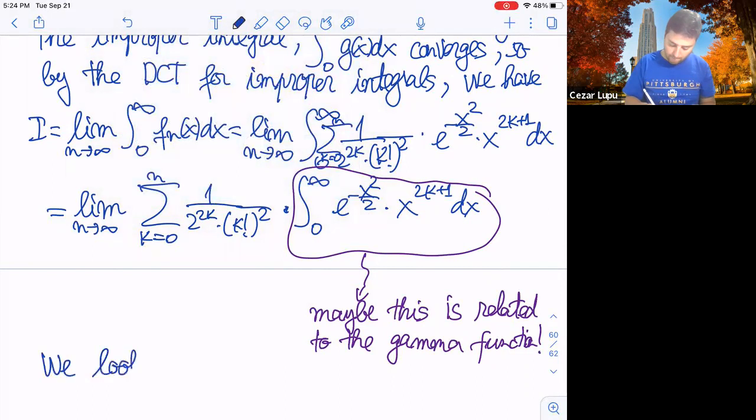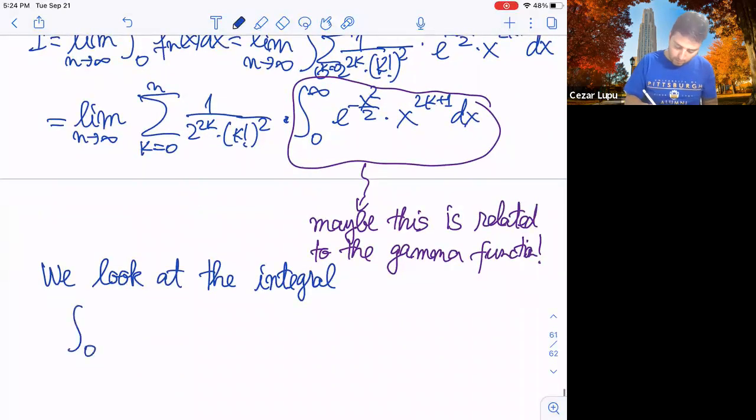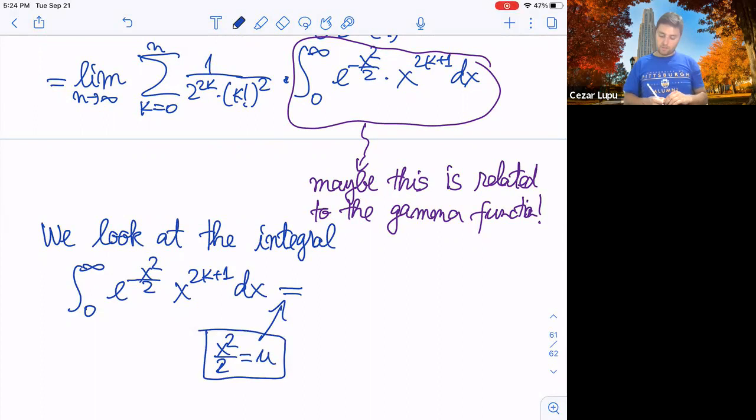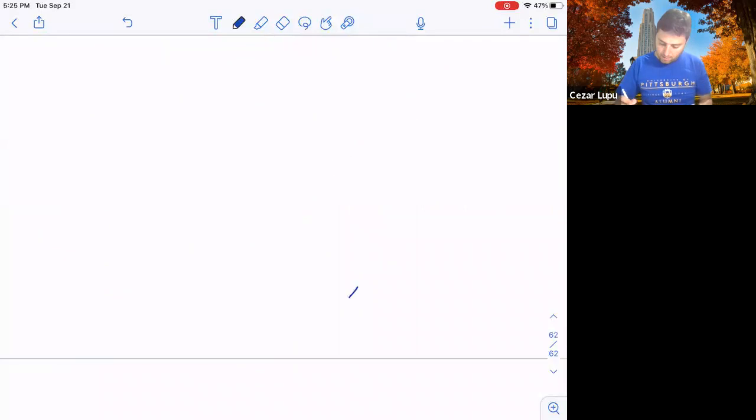So we look at the integral and we perform this u-sub: x squared over 2 equals u. So when x is 0, u is 0.